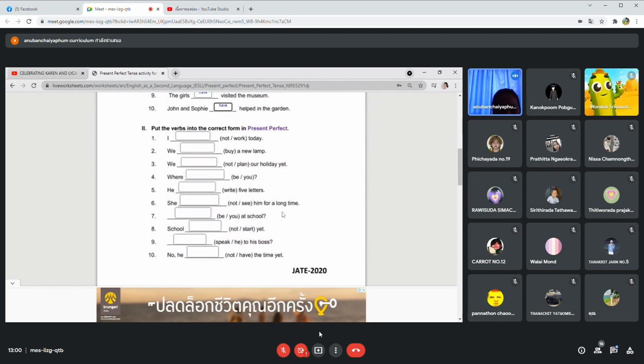Now, let's go to the present perfect form. Put the verb into the correct form in present perfect. Look at your subject in number 1. What's your subject here? I. Now look at the sentence: I blank not work today. How are we going to make it into a present perfect form?